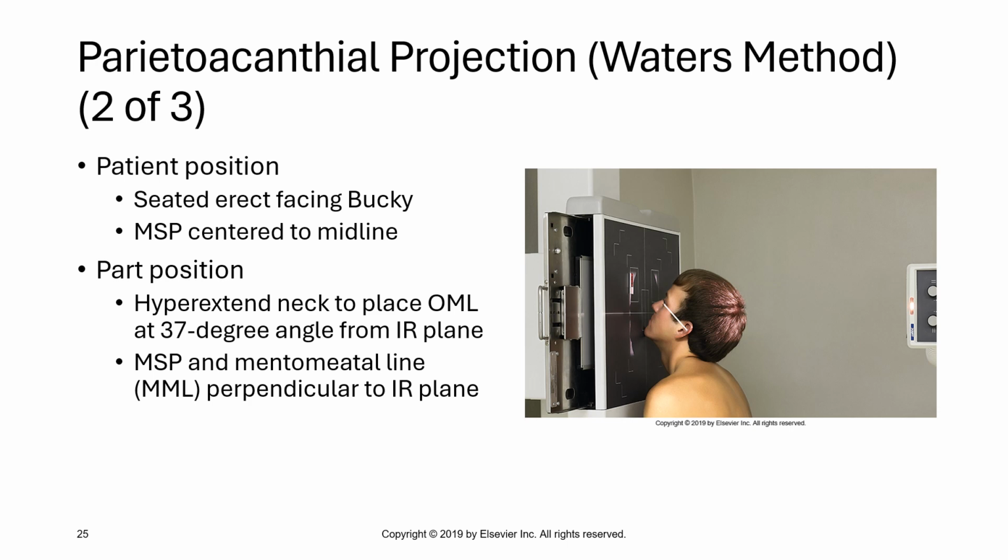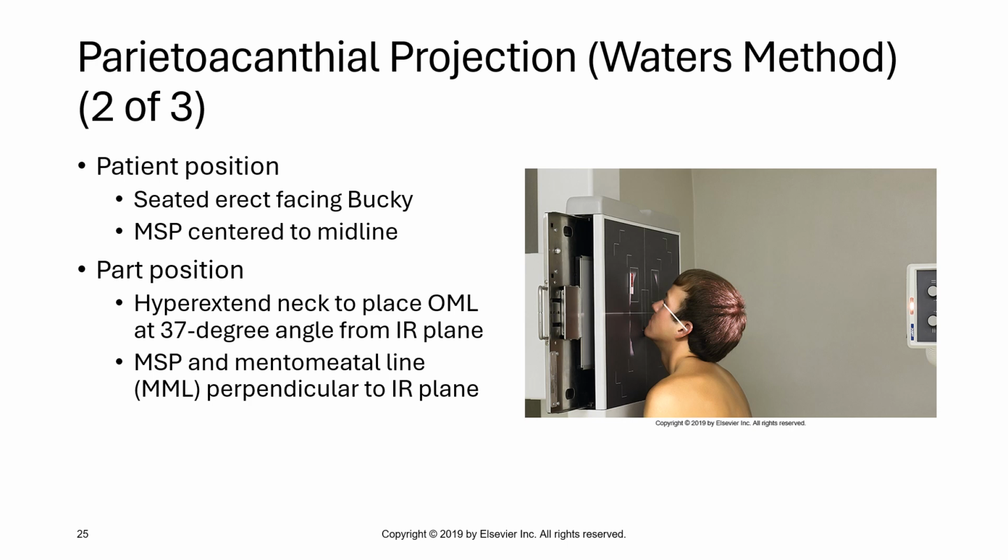Now, how do you actually position this? You want the tip of the chin to the ear to be a perpendicular line. Okay, so the mental meatal line, tip of the chin to the hole in the ear, to the EAM. Okay, that's going to be horizontal.